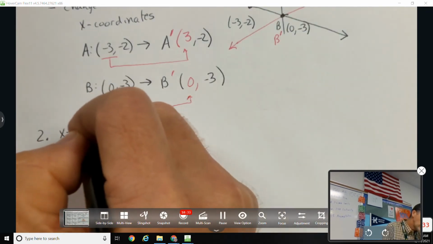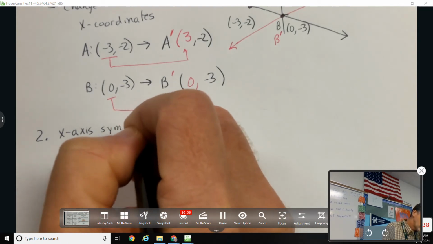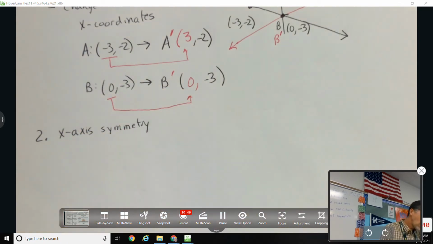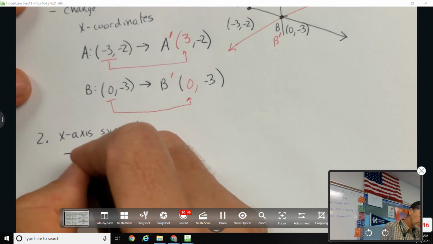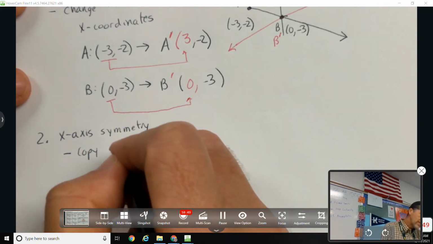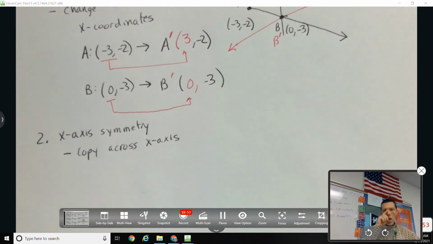All right, let's make a graph have x-axis symmetry. Well, let's follow the same pattern here. We'll copy across the x-axis. That's sort of the visual way to do it. And again, depending on your ability and maybe depending on the difficulty of the problem, that might be enough where you can just kind of visually see and place where to put it.